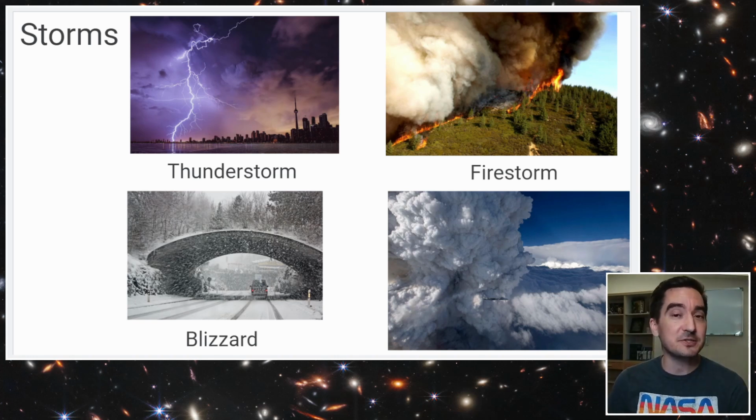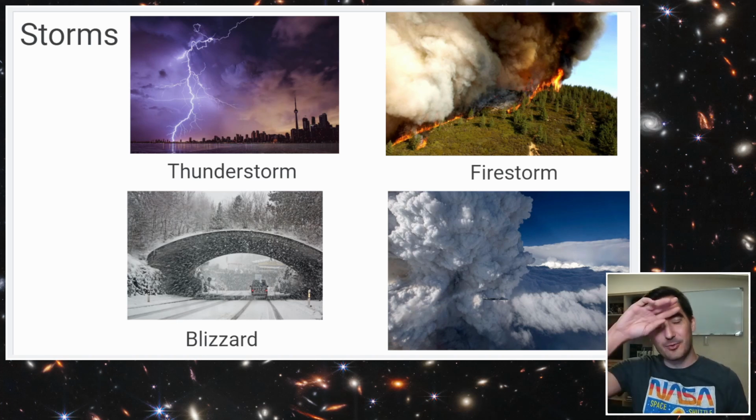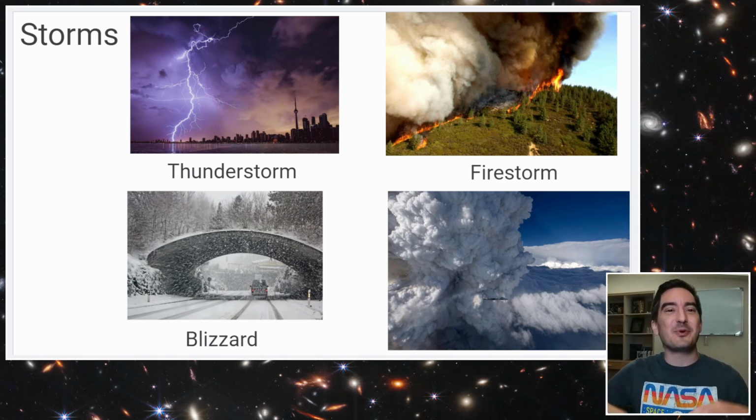If it's a thunderstorm, that means it's a strong storm. It's a strong storm with lots of thunder and lightning and it's really loud and a little bit scary, right? So a thunderstorm, it's a storm with thunder, okay?